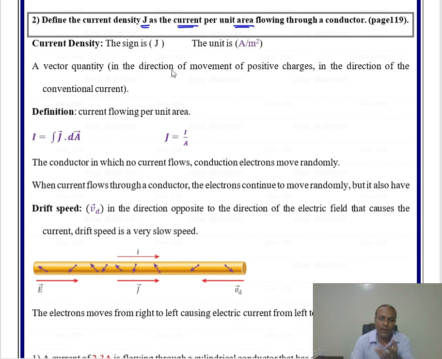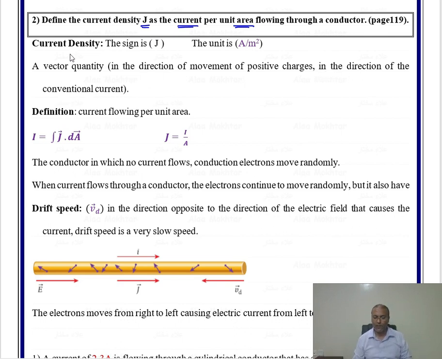It means direction and magnitude. The direction of current density is in the same direction of what? Conventional current, or in the same direction of positive charge, the direction of movement of positive charge.